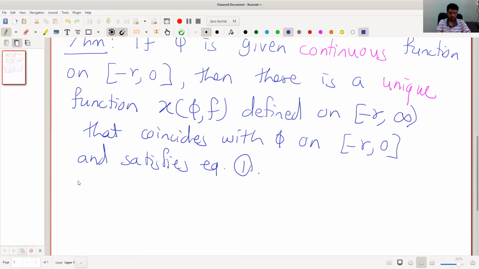Let us prove this result. Proof is not difficult. In this proof, we use the method of steps. So first we convert the given problem to an integral equation using the variation of constants formula, and then the method of steps provides the solution. And this solution will be unique.